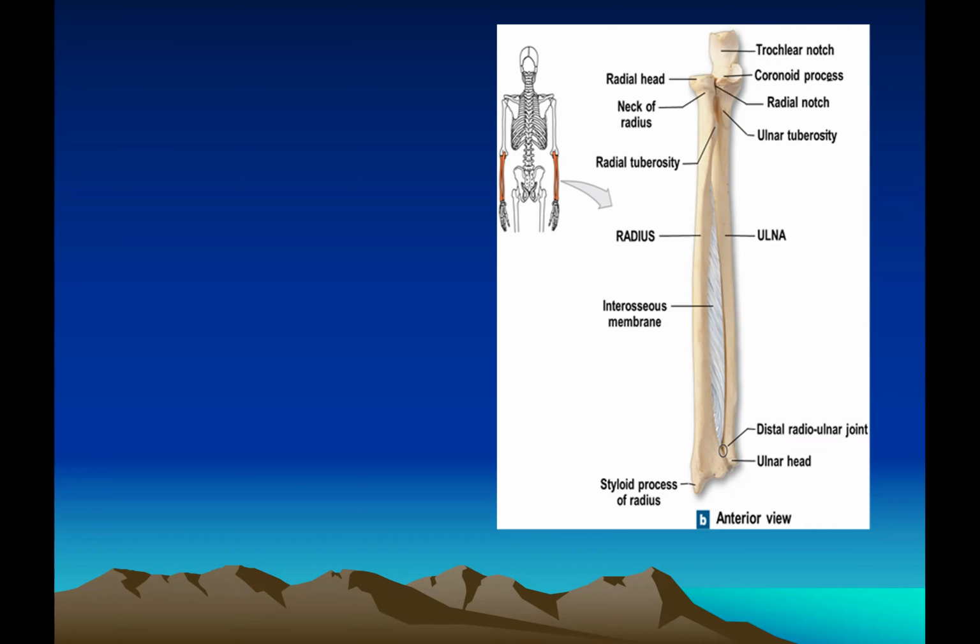Distally, it articulates with the ulna at the ulnar notch, and it also articulates with your carpal bones. The styloid process is the pokey projection distally. It will dip into the carpal bones and stabilize them. The fibrous sheet that keeps the two bones together is called the intraosseous membrane.